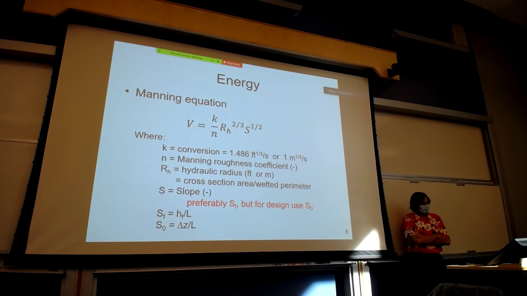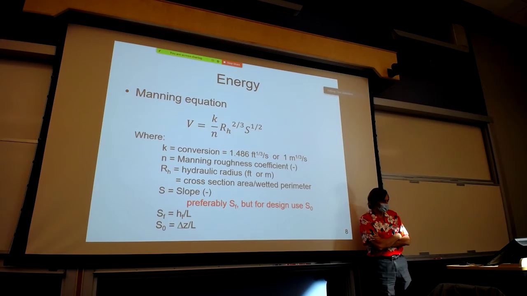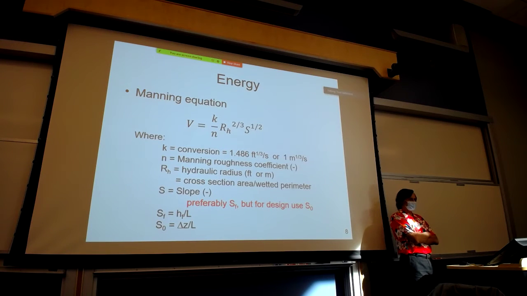So for the energy equation, the energy loss term for the friction losses is calculated from the Manning equation. And again, the slope that's in the Manning equation should be the friction slope, the slope of the energy grade line. But very, very often for design or to get an approximation of what's happening, we'll use the bed slope.